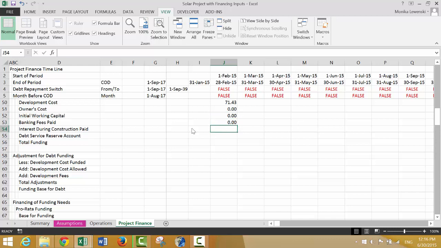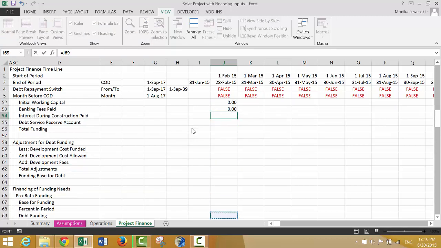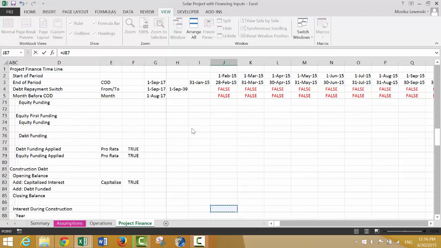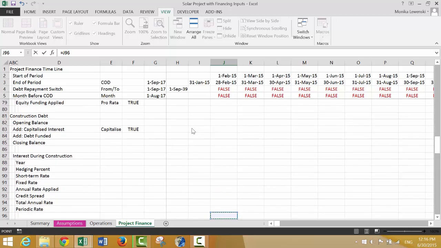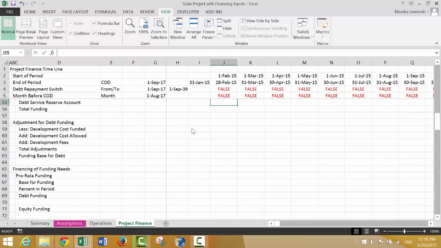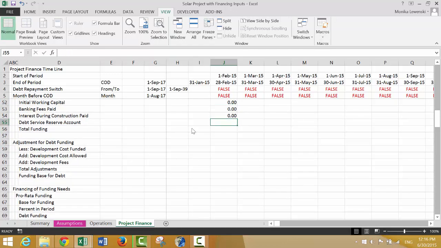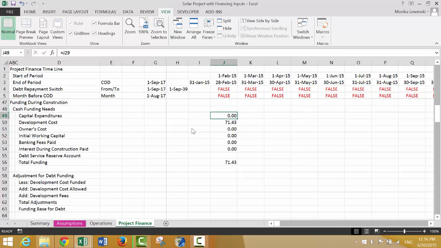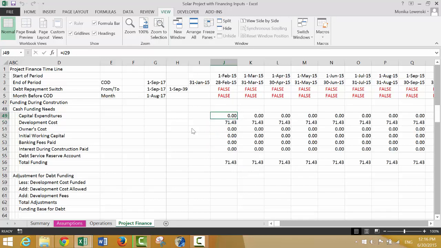Now, interest during construction paid is down here, all the way down here. Now, the debt service reserve account we don't have, but we can sum these. Okay, and then Shift Control R.